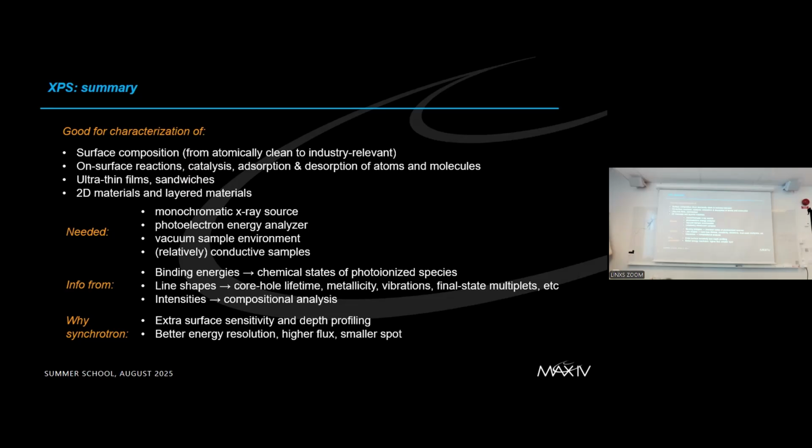But it has a good thing, because if you record the same line on the kinetic energy scale with the first order line, and then, for example, you have excitation of 200 electron volts, and you measure kinetic energy 10 electron volts, then if you measure at the kinetic energy of 10 plus 200, you will see a weak line also due to the second order light in your beam.